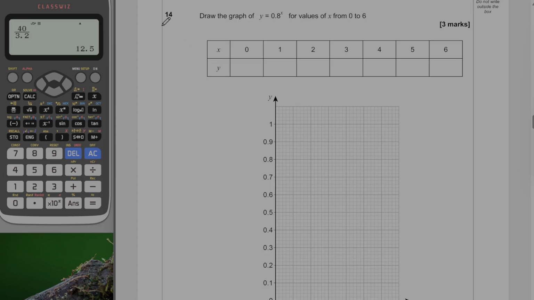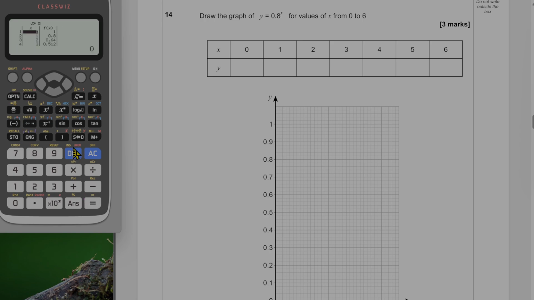Okay, question 14. Draw the graph of y is equal to 0.8 to the power x for the values of x from 0 to 6. Again, I'm going to use that table function on my calculator. The function of x this time is 0.8 to the power of x. I don't need a second function, I want my starting range to be 0, my end point to be 6, and steps of 1.